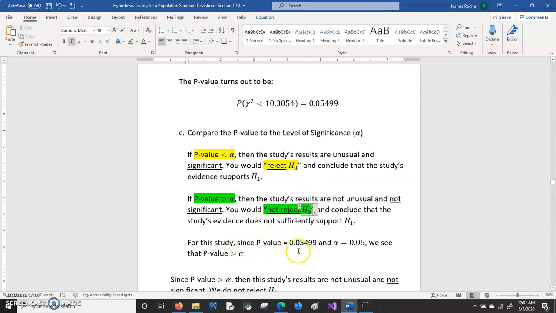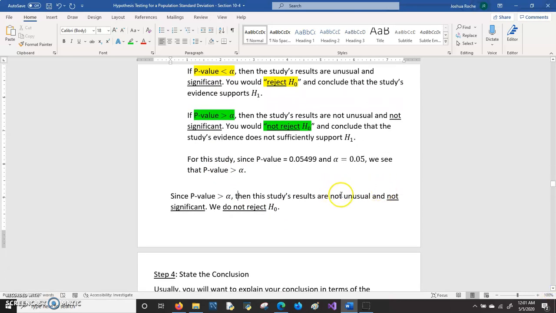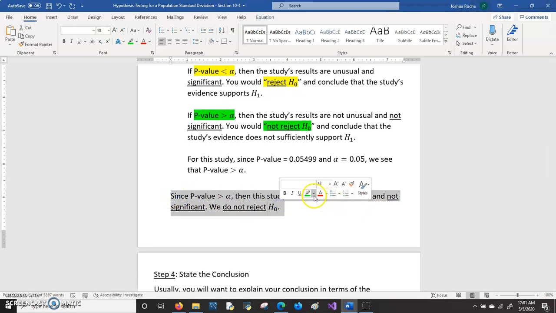For this study, our p-value is 0.05499. Alpha was 0.05. So the p-value is slightly above alpha. And for that reason, the conclusion would be that the study's results are not unusual and not significant. And we would conclude that we do not reject the null hypothesis.